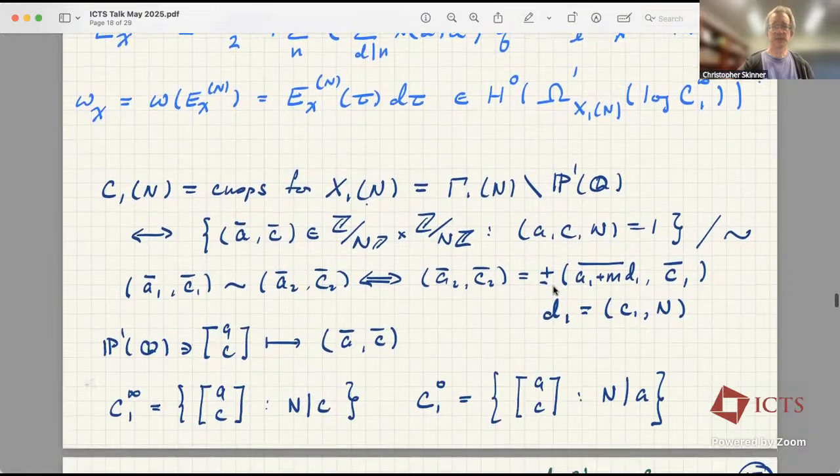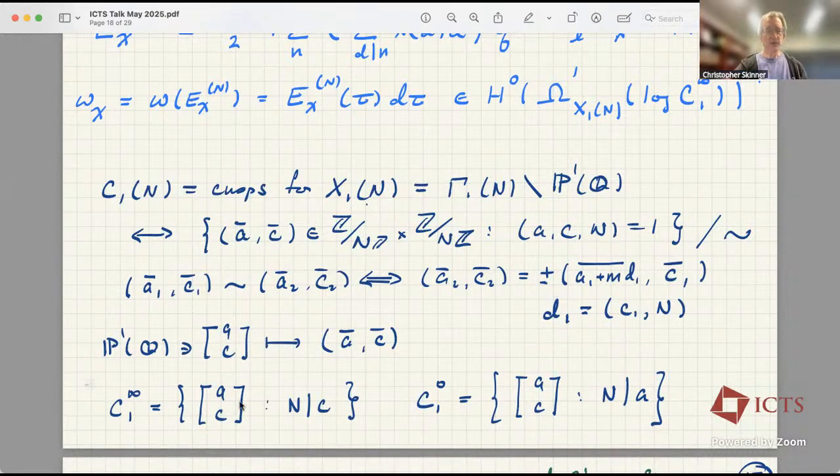So the cusps of the modular curve are very explicit. They're identified with the gamma 1 n orbits of the rational points on the projective line. I'm not going to go through these formulas, but there's a collection of cusps which I'll call the infinity cusps.